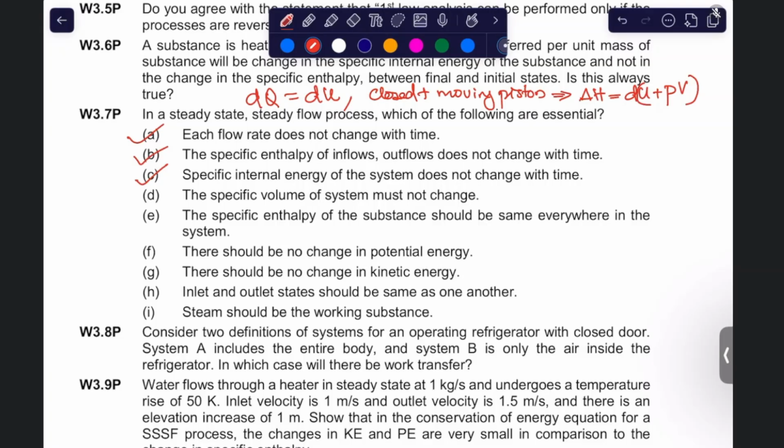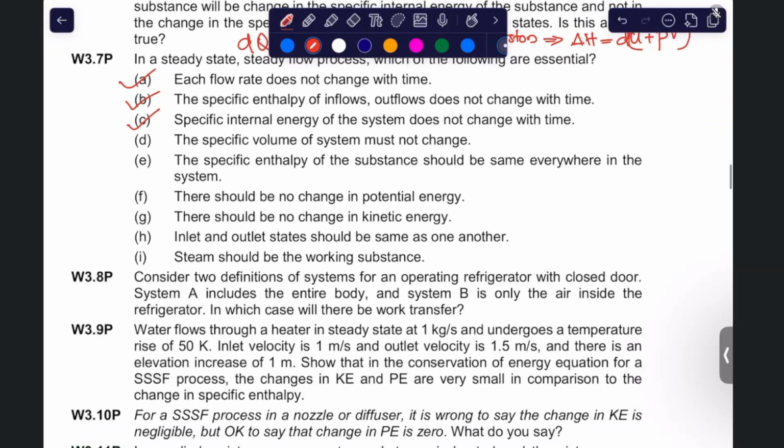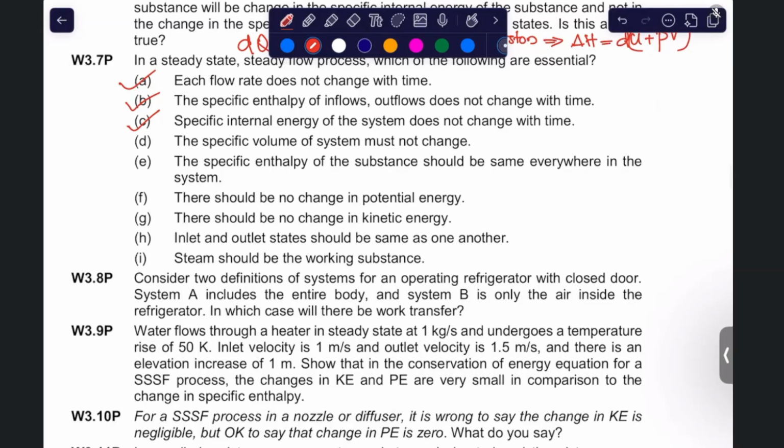So this is not an essential point. The statement does not say anything about time. We cannot say that. There will be local variation and all, but with time it will be constant.